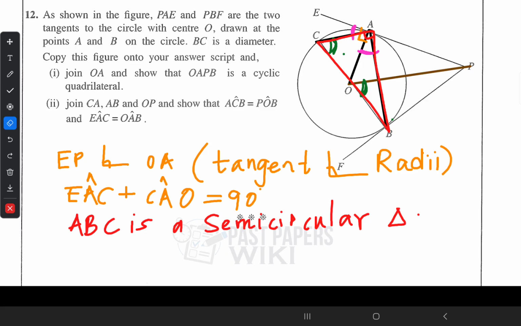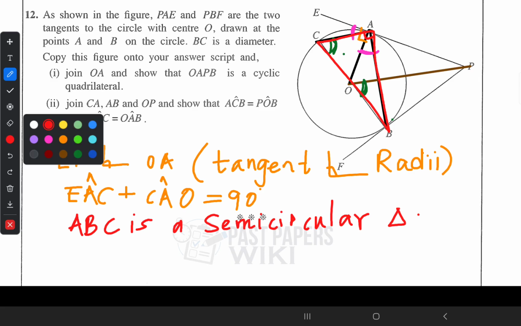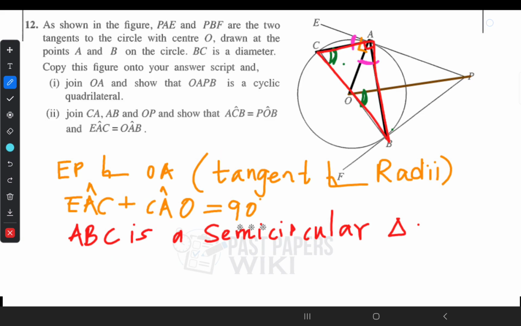That's the thing I'm going to write hereafter. Think about this. I'll use some different colors. This angle and this angle. Think about the light blue color ones. This one plus this one equals 90. By that, we can write another relationship. This is a right angle. So this angle plus this small angle both together give you 90.